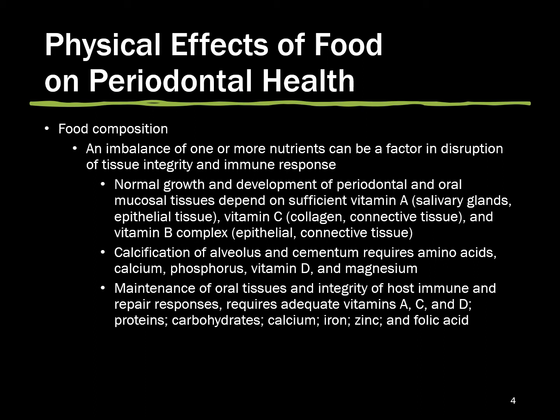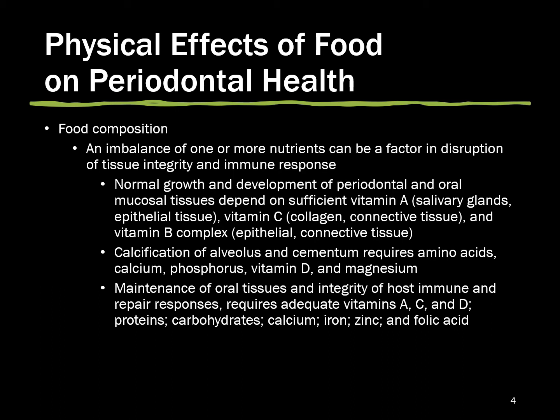As far as the calcified structures, which we have whole chapters on, these rely on amino acids, calcium, phosphorus, vitamin D, and magnesium. All of those are required in our diet in order to calcify the structures of our oral cavity properly.